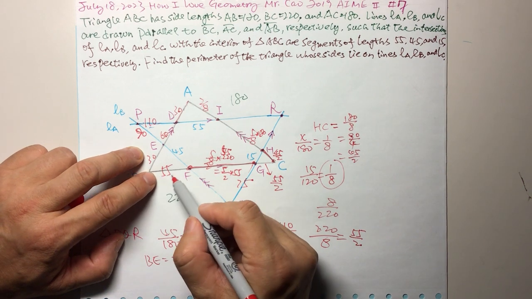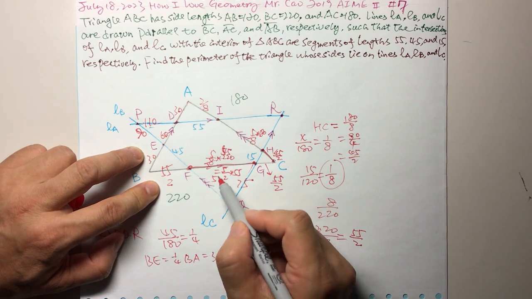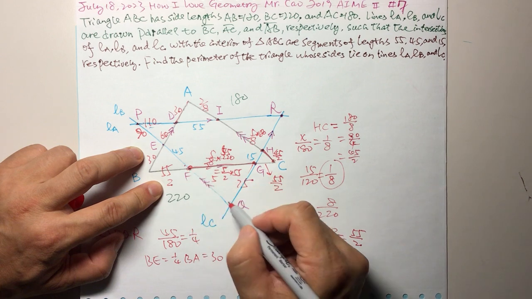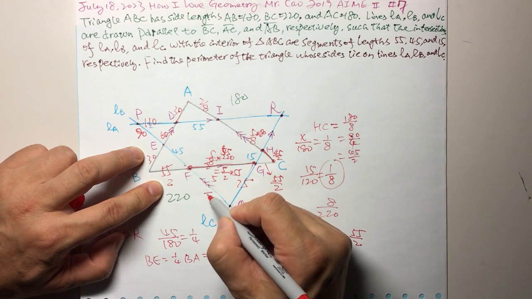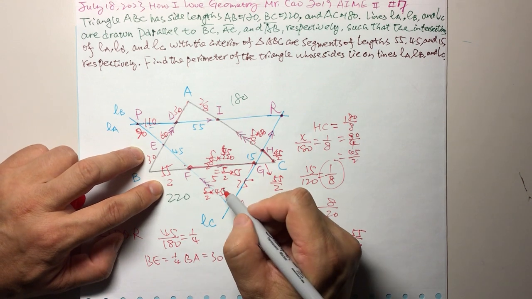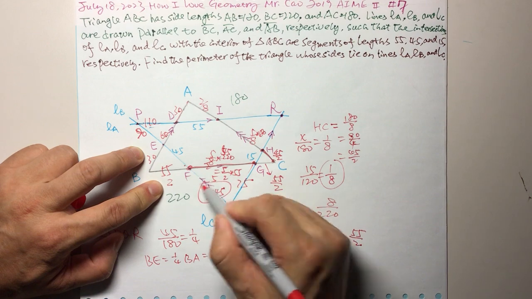If this is 2, this will be 5. So that's 2/5 times 45.